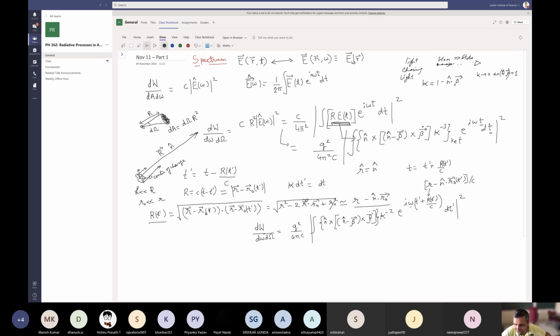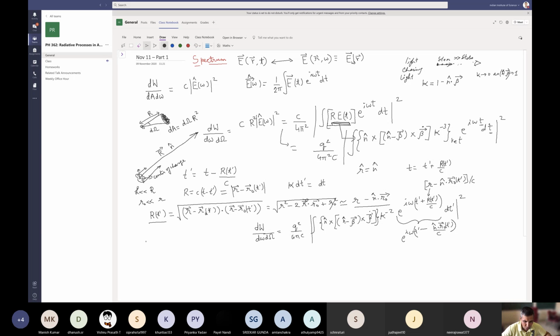So if you have e to the i omega by c r, this is an integral over t prime, so this will just come out, and if you take an absolute value square, that just becomes 1. Now I will simplify this: this becomes e to the i omega t prime minus n hat dot r naught t prime by c.